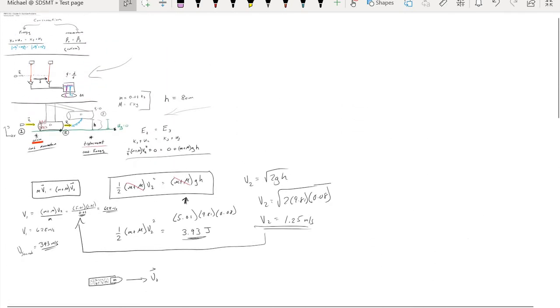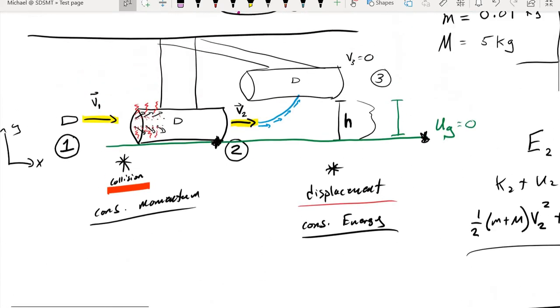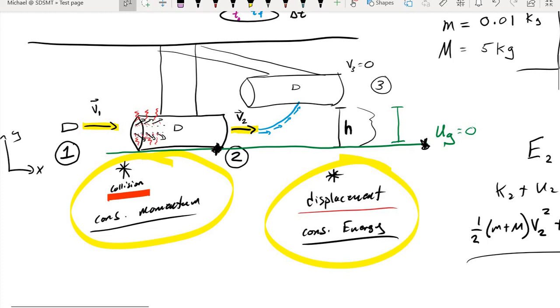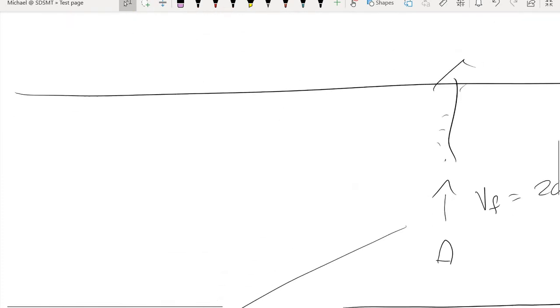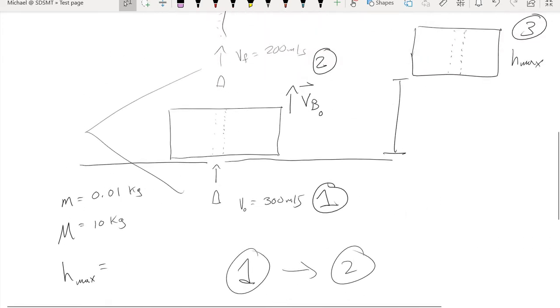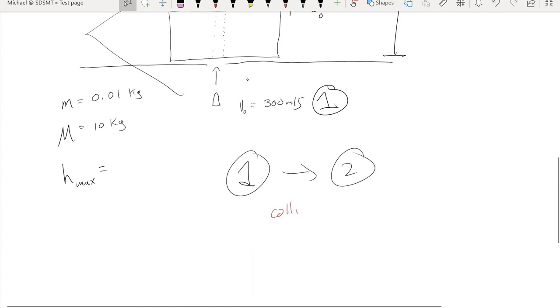If we go back to the previous problem, we said that for collisions, it's better to use conservation of momentum. And for displacement, it's better to use conservation of energy. So that's what we will do. Between sites 1 and 2, that is a collision. So we will use conservation of momentum.